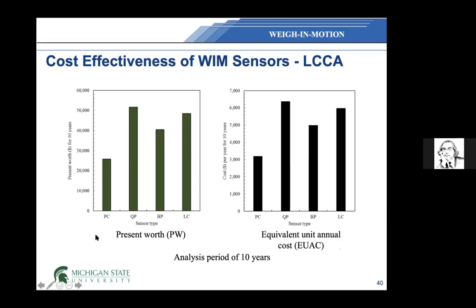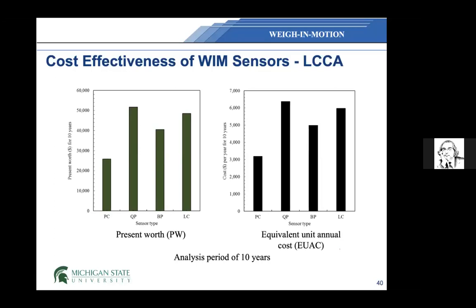But bending plate to me is really accurate. And most of the states, for example, California, are only using bending plate because they want more accurate data, but the cost of that will be higher than the other sensors. So you can pick the technology based on the resources available, but at the same time, you need to also worry about what accuracy of the data you can get.